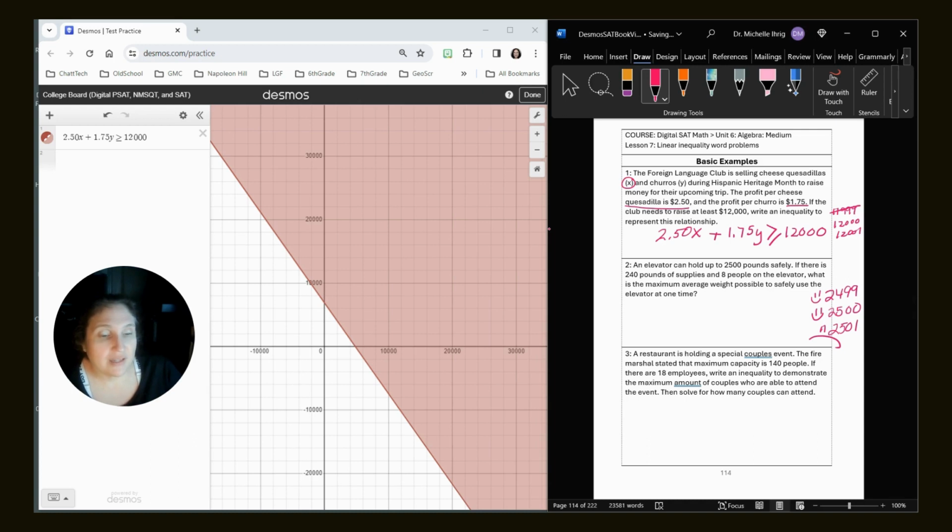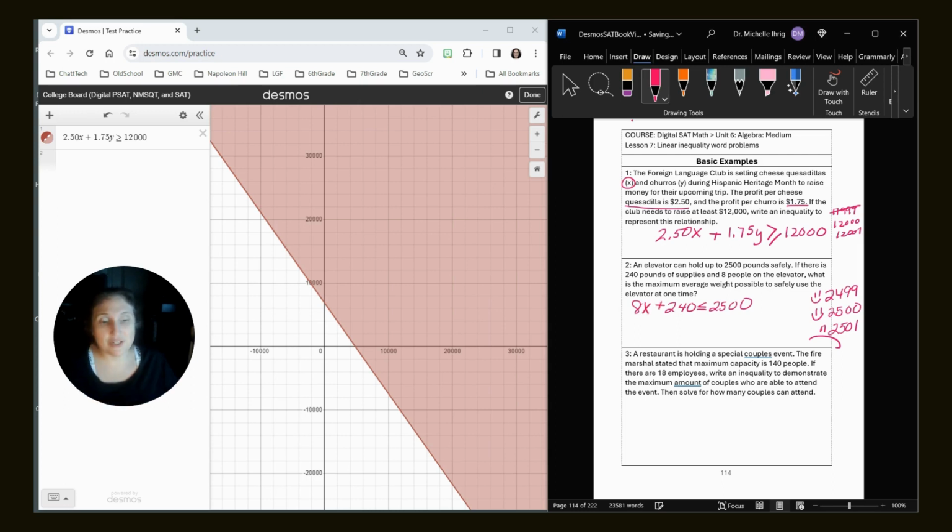So it's got to be 2,500 or less. Up to does include 2,500. If I tell you you can spend up to $100, you can spend $100. This might have been a poorly written question of me. So we've got 240, and 8 people are on the elevator, so we have 8x.